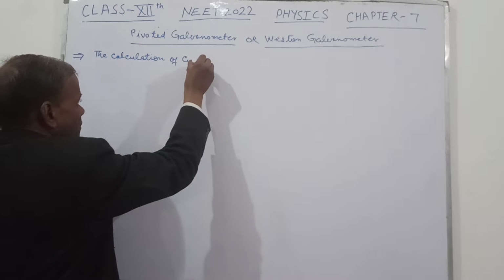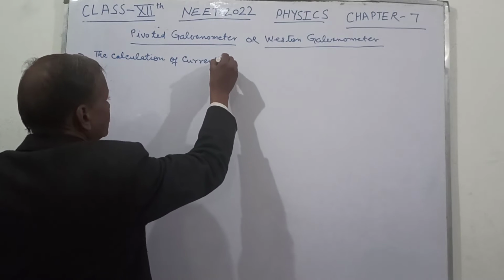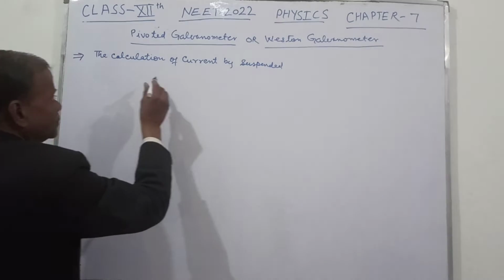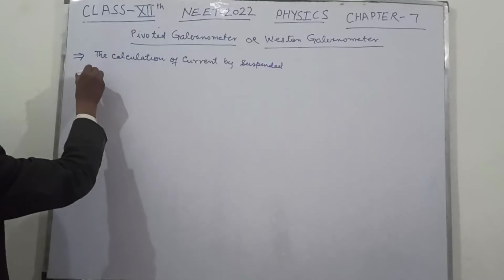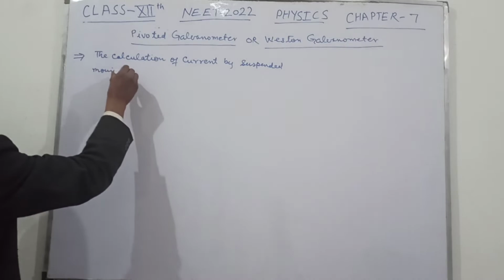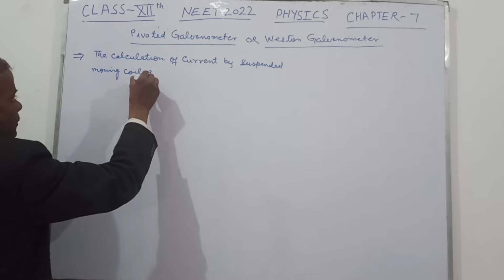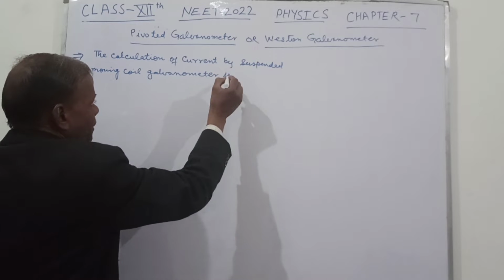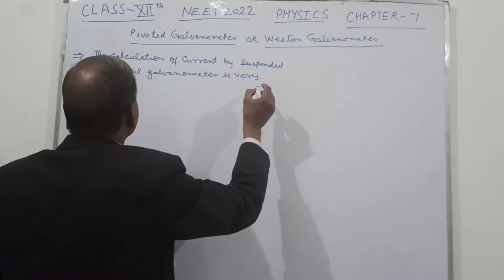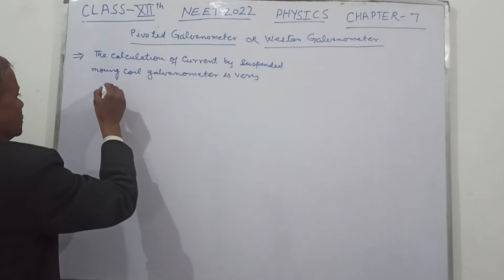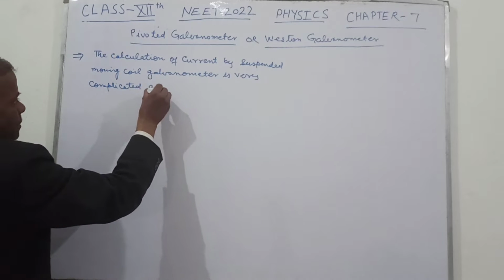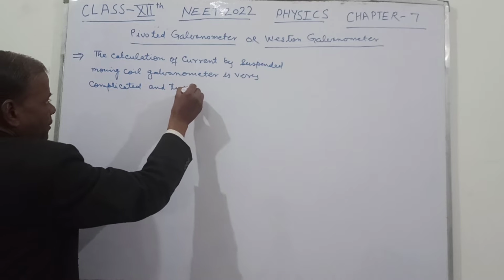The calculation of current by the suspended moving coil galvanometer is very complicated and typical.